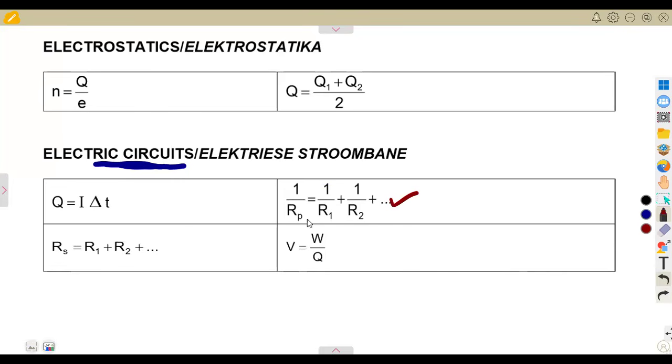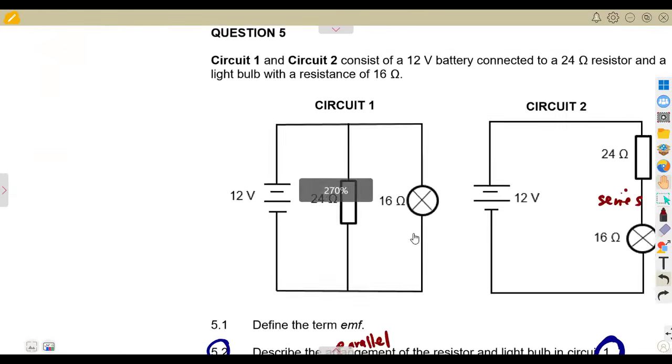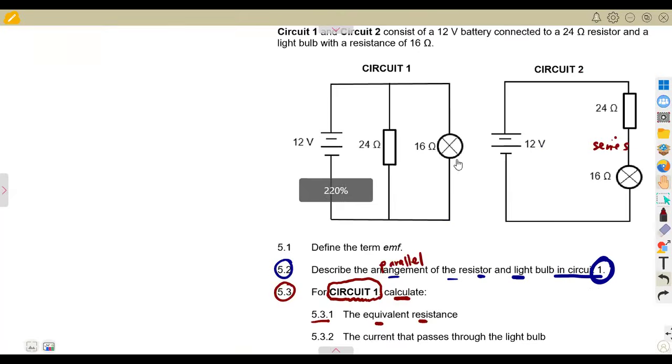For a parallel circuit: 1 over Rp is equal to 1 over R1 plus 1 over R2, and so on. If it is a series circuit you use the other one, but we need this one because our combination is in parallel. So you just have to apply your formulas.